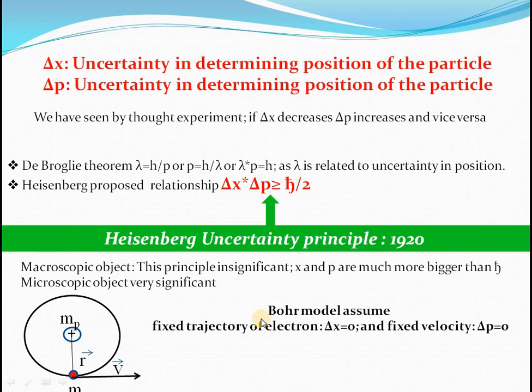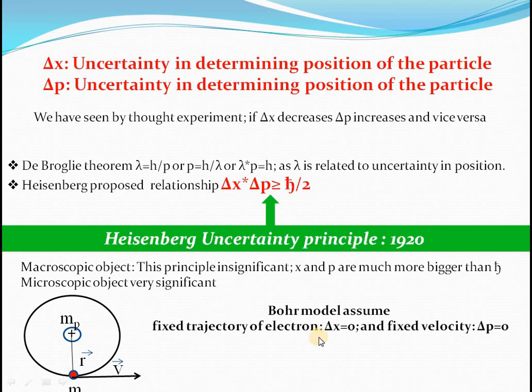So in the Bohr model we can determine the exact position of the electron at a certain time very easily, and as the velocity of the electron is also fixed, we can determine the momentum of the electron very precisely.